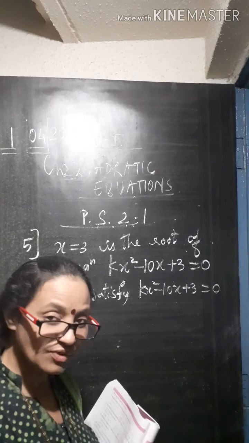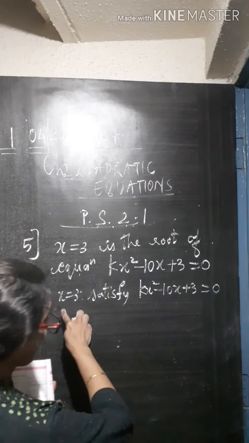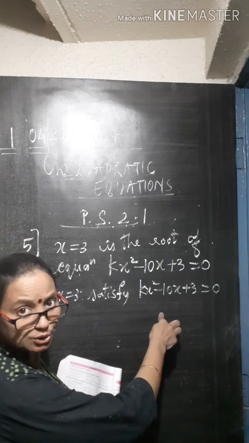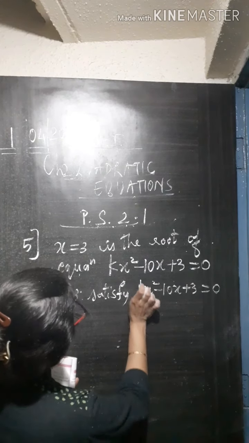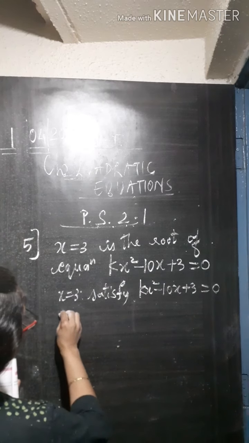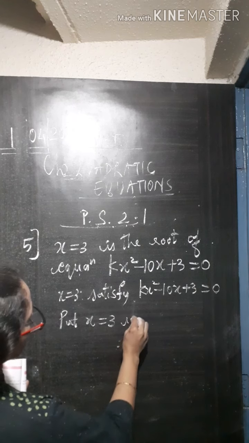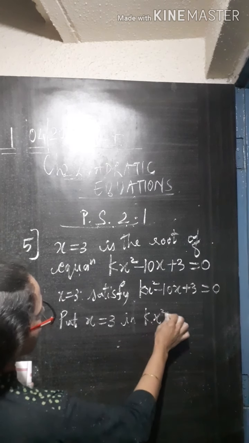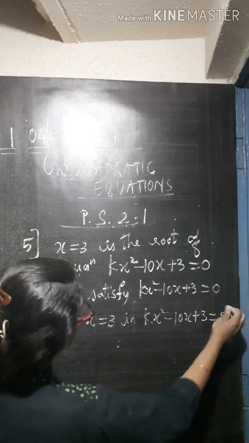And what do you mean by satisfy? That left hand side is going to be equal to right hand side. So whatever value of x is there, I'm just going to substitute here, right? So what is the value given here? So I said put x is equal to 3 in kx square minus 10x plus 3 equal to 0. So what do I get?